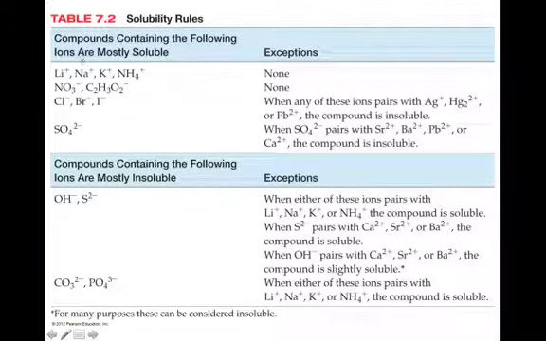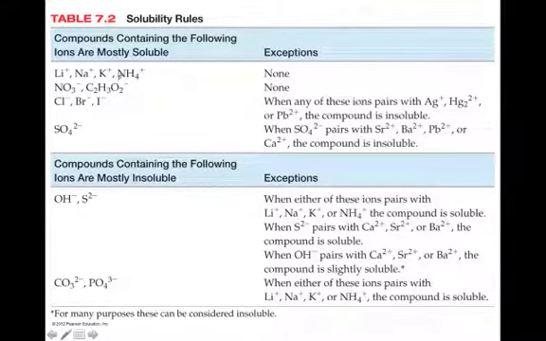Compounds containing the following ions are mostly soluble. Lithium, sodium, potassium, those are the alkali metals in the first column of the periodic table. Ammonium ion, that one polyatomic that has a positive charge.